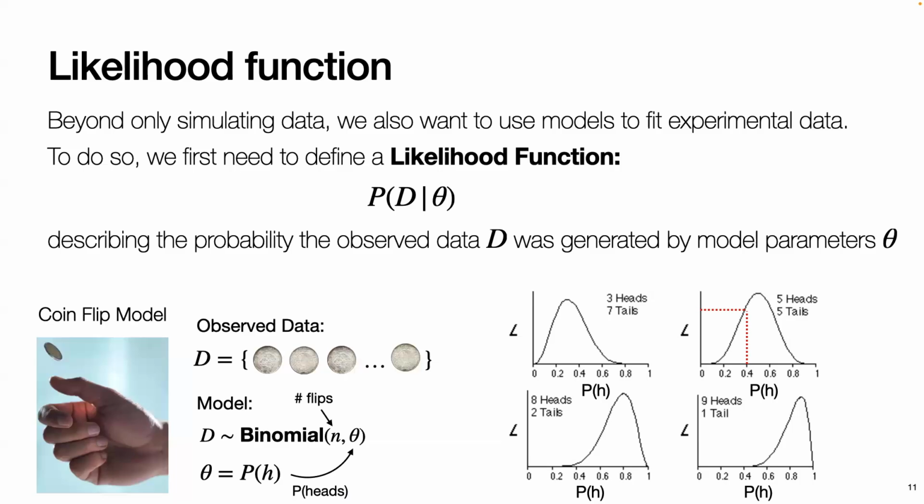If we have observed 5 heads and 5 tails, the likelihood of the true probability of that coin yielding heads being 0.4 is indicated by this red line. That's the y-axis, the likelihood. So it's more likely that the true probability is 0.4 than something else like 0.8, given that data, although the most likely situation is probably 0.5. That's known as the maximum likelihood, and we'll come back to that a bit later.